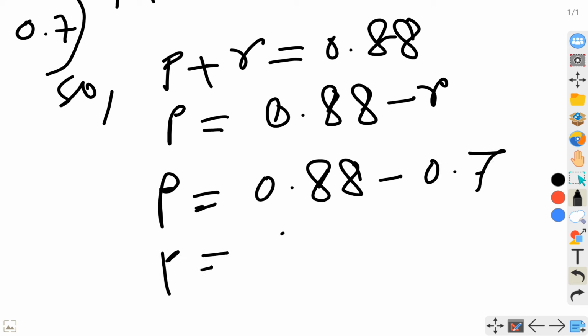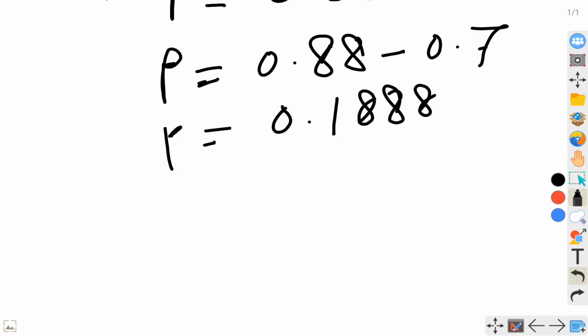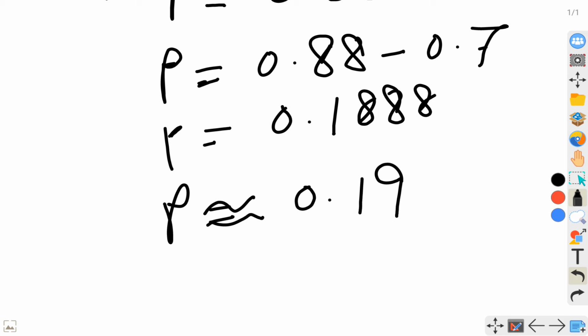P is equal to 0.1888 and so on. So P is nearly equal to 0.19. So we have finally got the value of P is equal to 0.19.